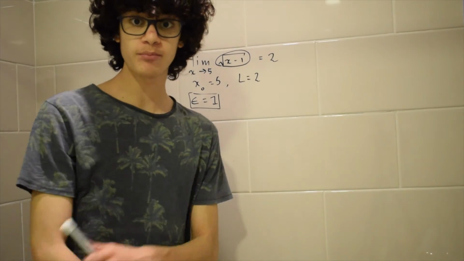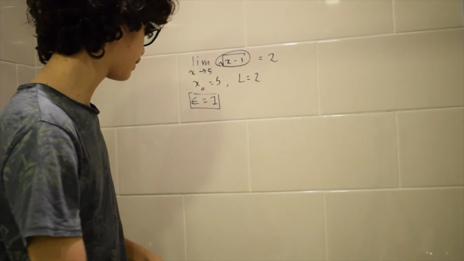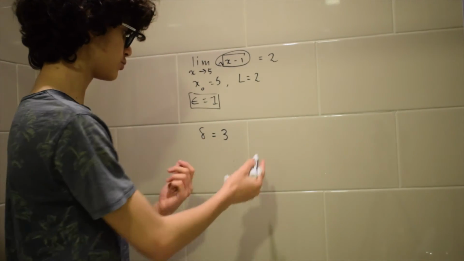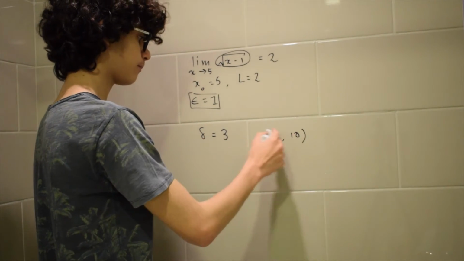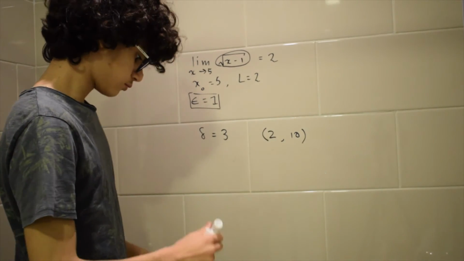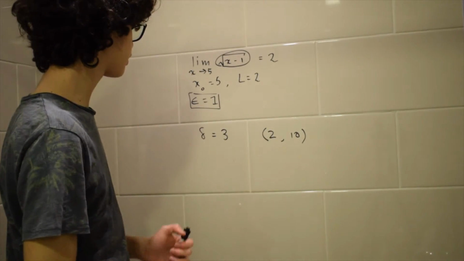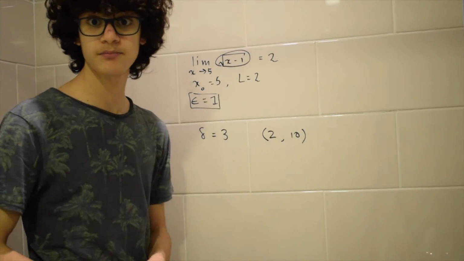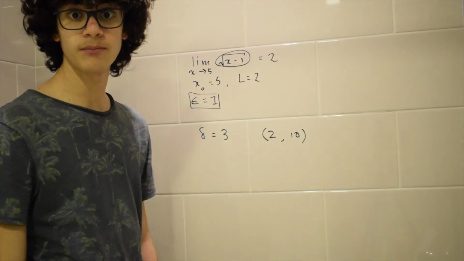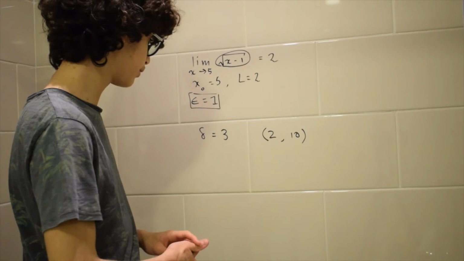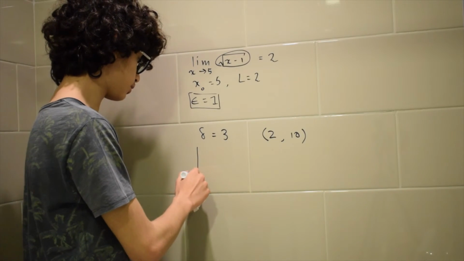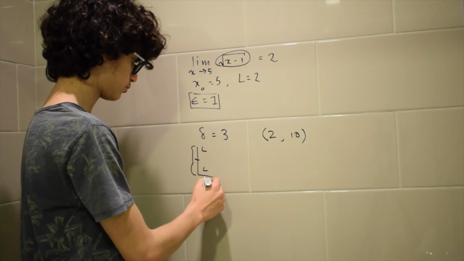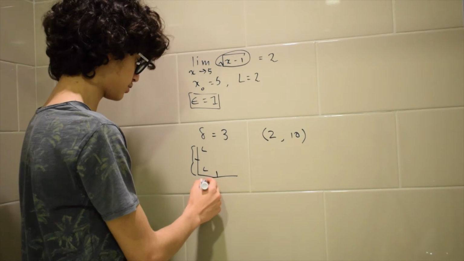This way, we have completed the problem, and we could take any smaller delta other than this 3, because we have verified that this is the interval, which would make x automatically within this interval, and make the f of x within epsilon of the limit. Here's just a small visual.